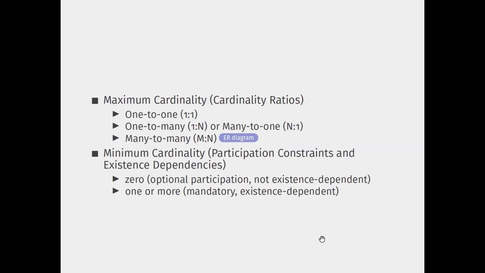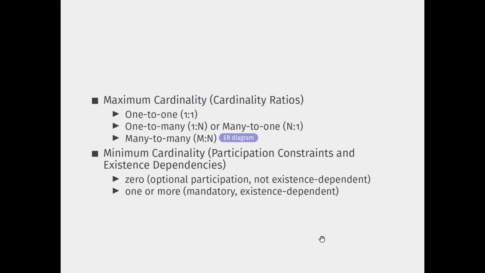So when you say one-to-one, it means if you take exactly one, it will connect with one record in the other entity. When you say one-to-many, on one side, when you take one record, it connects with many records. But if you take one from the other side, then it will connect to exactly one record. So we will have one-to-many.